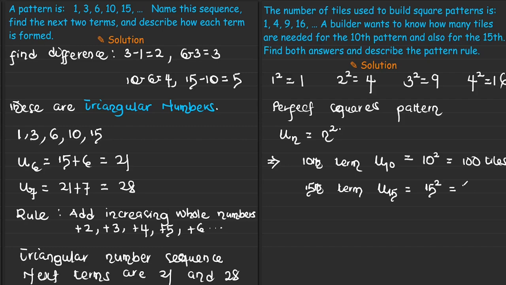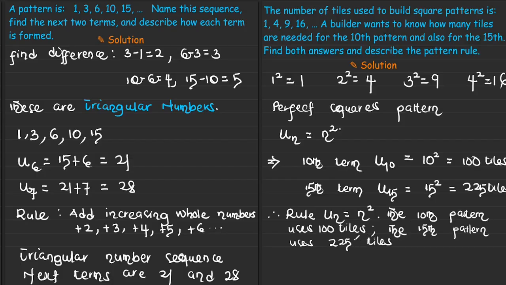And 15 squared gives us a 225 what? Tiles. And that is just it. So we can say, therefore, our rule is what? Un equals n squared. And the 10th pattern uses 100 tiles, whilst the 15th pattern uses 225 tiles. As simple as that.